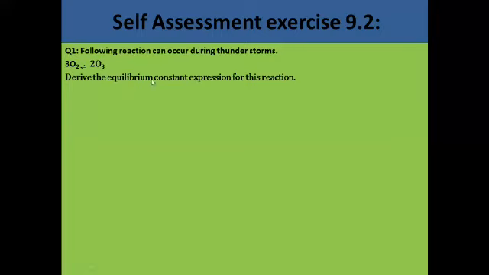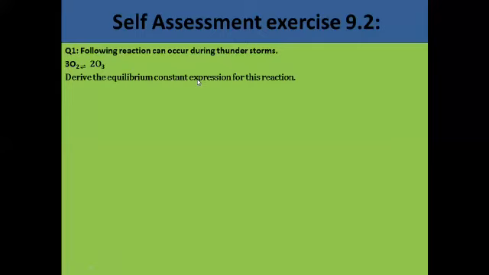If you remember, in the previous lecture I told you how to derive the equilibrium constant expression for a general reaction. Over there, we used a general reaction where A and B were the reactants and C and D were the products.